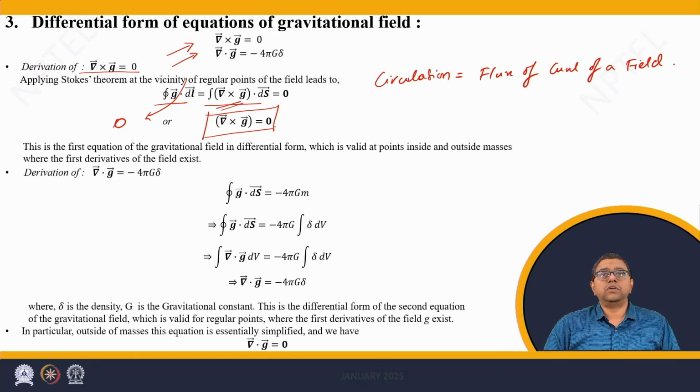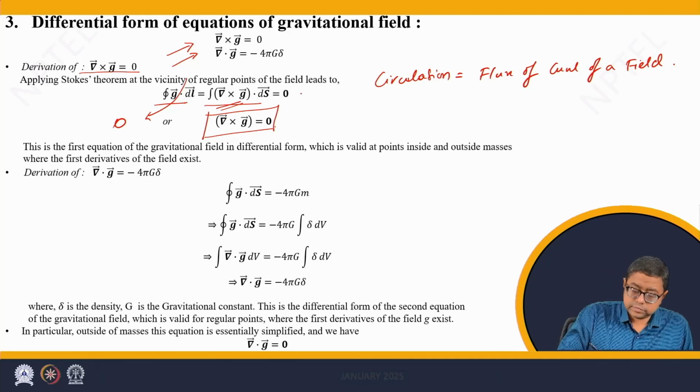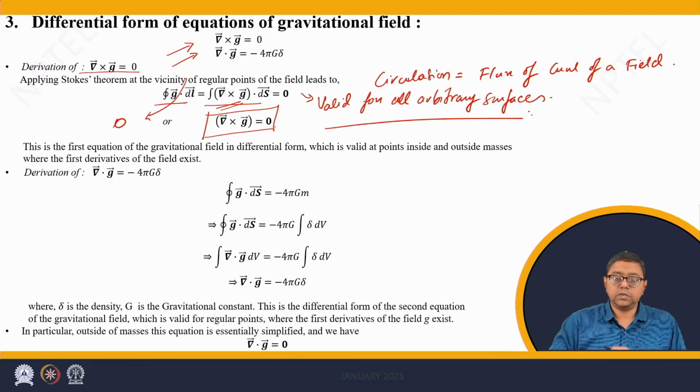This is because for any arbitrary surface, if the integral goes to 0, then the integrand is 0. This is the first equation of the gravitational field in differential form. This is valid at points inside and outside masses where the first derivative of the field can exist.